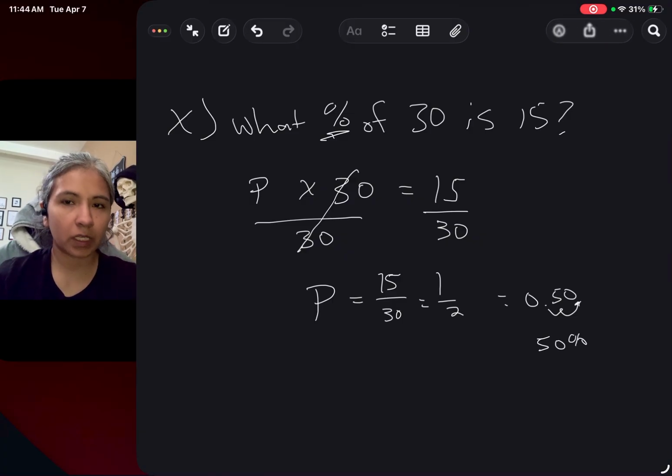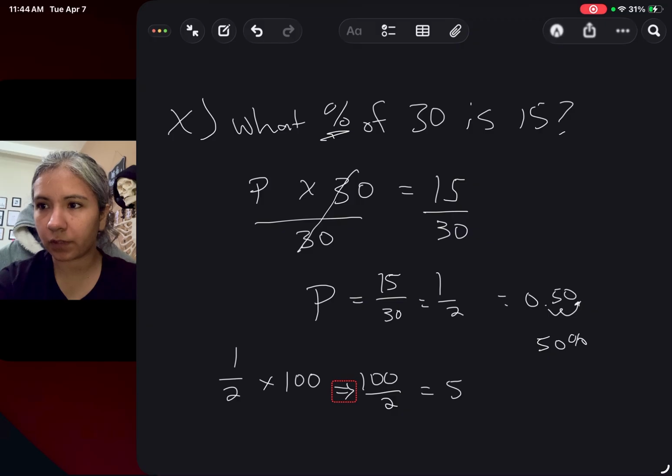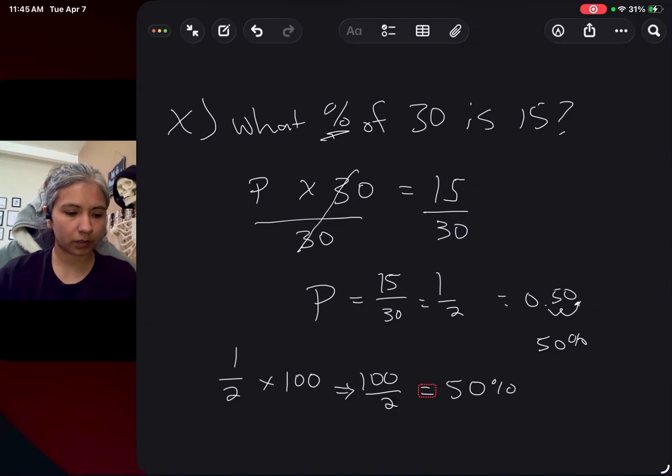That would be 50%, but if it wasn't a simple number that we knew the decimal to convert, we multiply by 100, so 1/2 times 100, right? So 1 times 100 is 100, divided by 2, which is 50. So that is another way to get the percent.